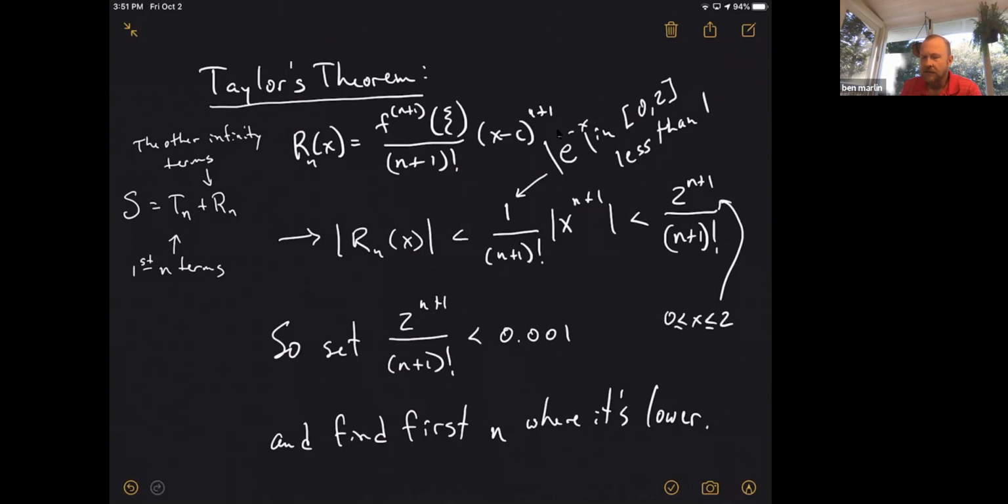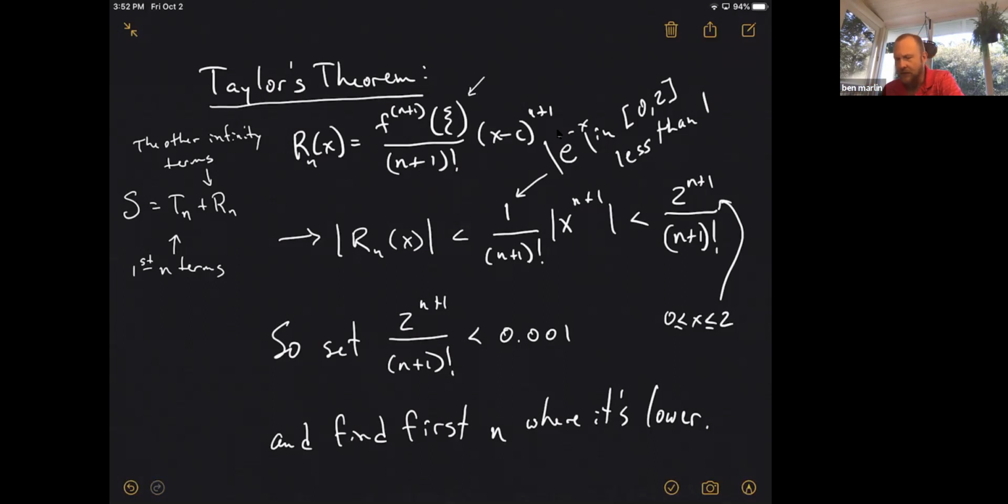And Taylor's theorem says that when you get the remainder for the nth Taylor polynomial, the actual value of it will come out to be the next derivative evaluated at, and notice I just put a squiggle there. It's not at x, it's not at c, it's some number between x and c.